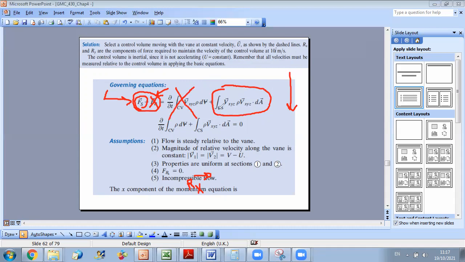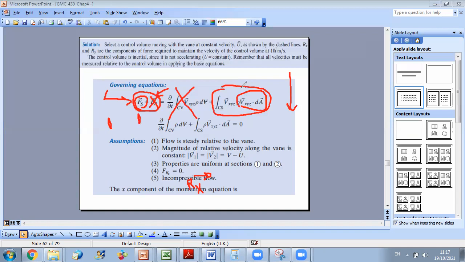Now this term, which seems complex here, will become very simple. Why? Because you have constant velocity at the inlet and constant velocity at the outlet, and you know that for inlets V dot dA is negative, while for outlets V dot dA is positive. So your equation will just be here.